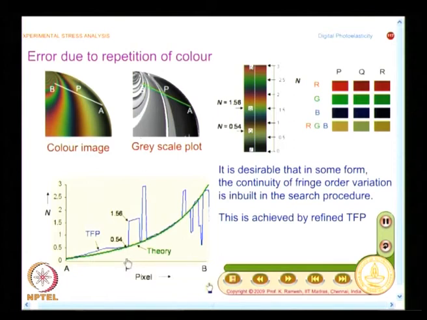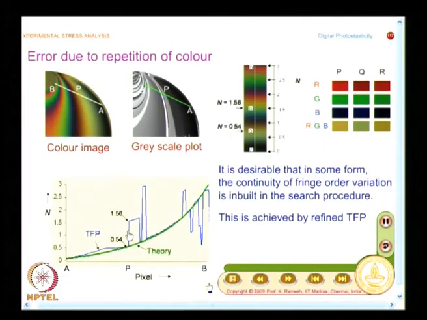And here you have the Q. I have a fringe order variation which has to be smooth. I can't have sudden kinks in this. So, the best way is to bring in fringe order continuity as a basis. That is what we are going to look at. We will bring in fringe order continuity as a criterion in addition to color matching.